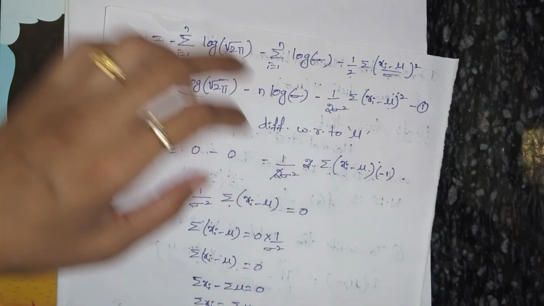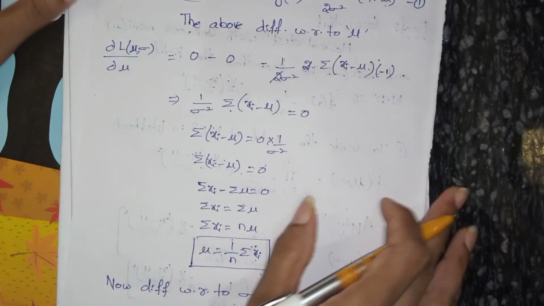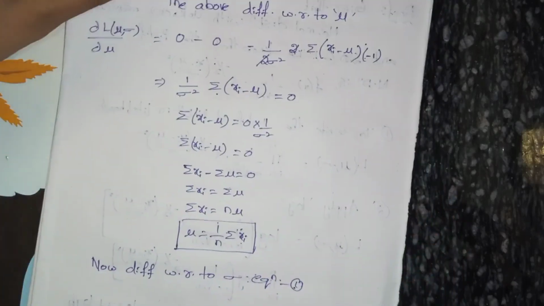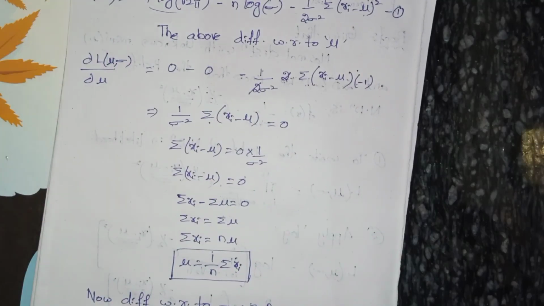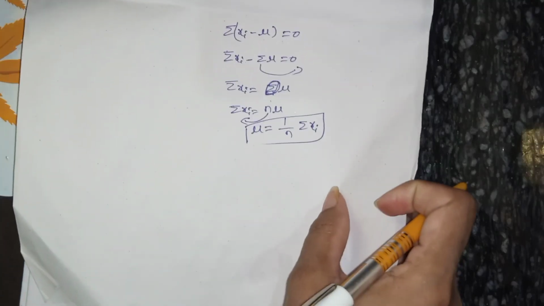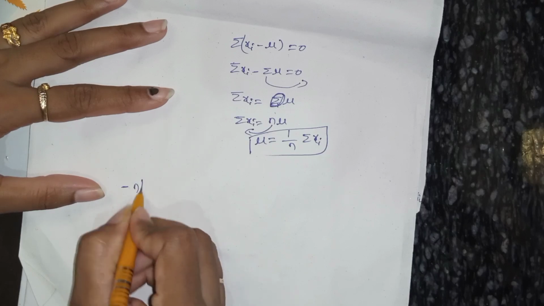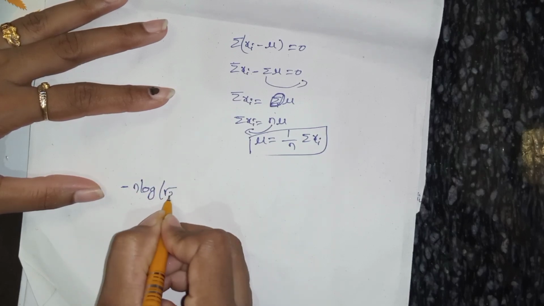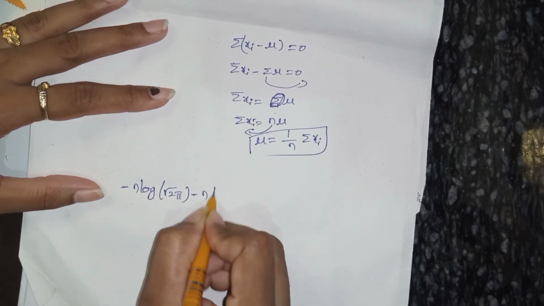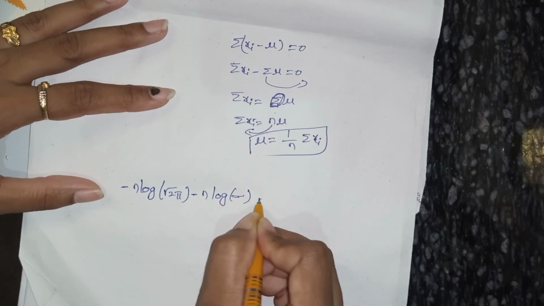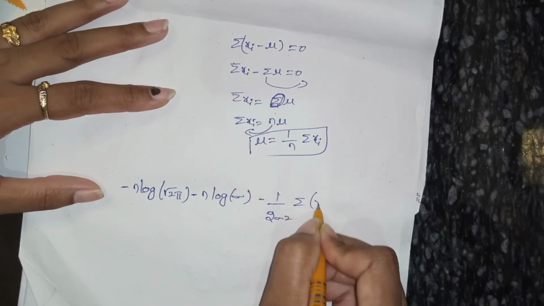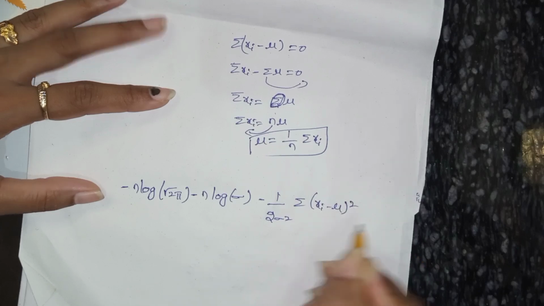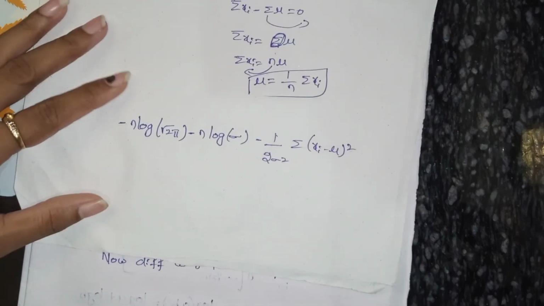So both I am going to differentiate. See this term I am writing here so that you will understand. n log root 2 pi minus n log sigma minus 1 by 2 sigma square summation xi minus mu whole square. So now we are going to differentiate this term.